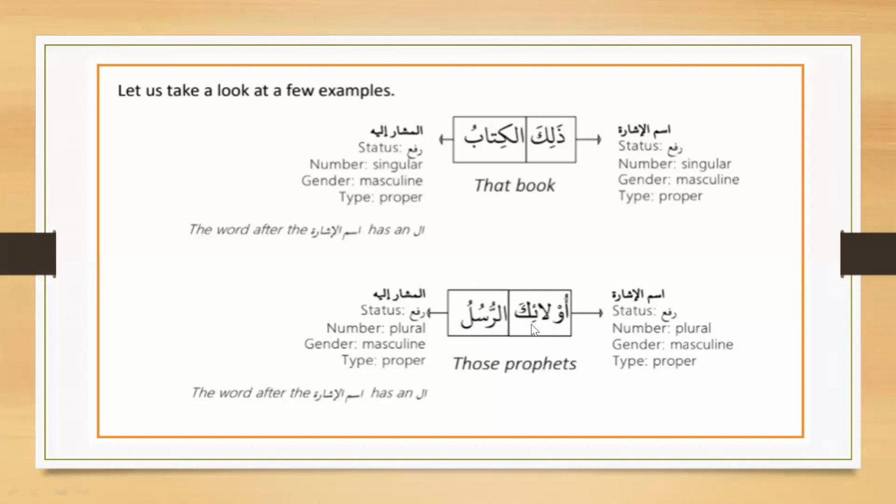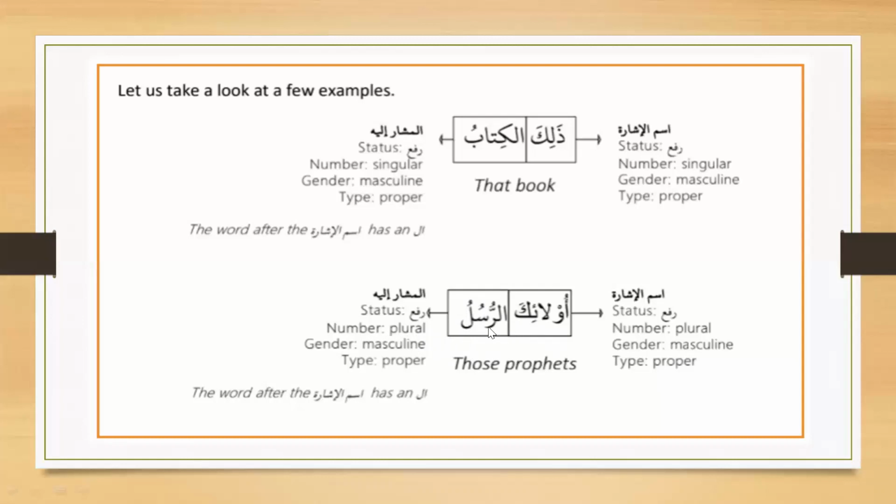Ulaika is plural, and it can be both masculine or feminine, right? So gender can be both masculine or feminine. And type is proper because it's ism ishara. Ar-rusulu is rafa, and we can see this dhamma at the end.